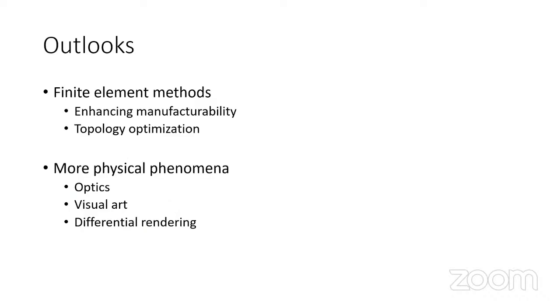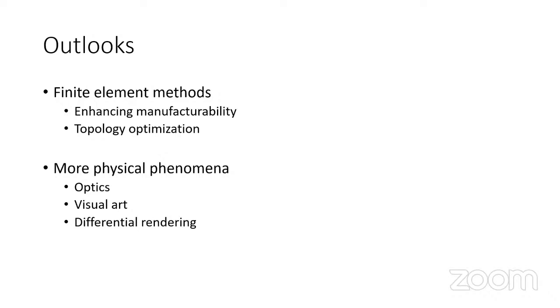So the geometric computing techniques are useful for art design. However, there are some future works. First, I think using FEM simulation to allow the designed artworks to be physically made is very important. I think we can explore more work in this direction.